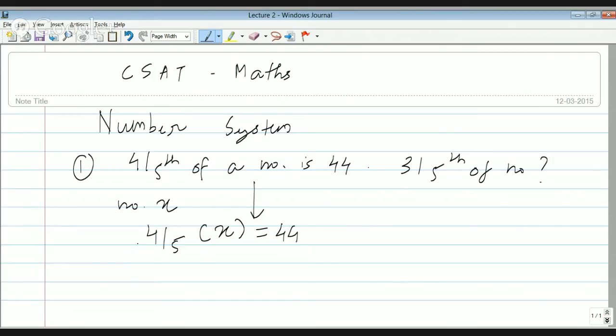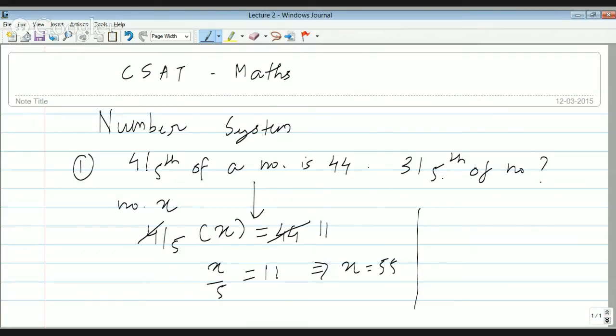Now we can cancel this. 4 11s are 44, and then in the next step, it will be x/5 is equal to 11, which can also be written as x equal to 55. So from this equation, the number is 55.